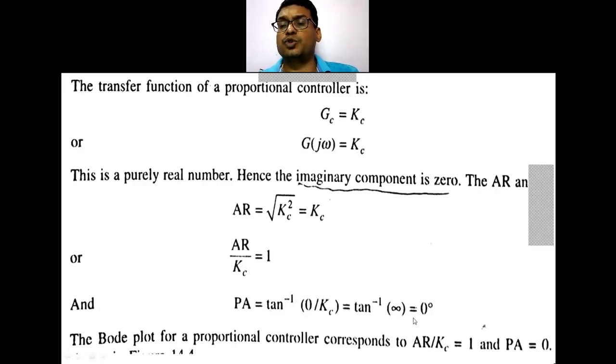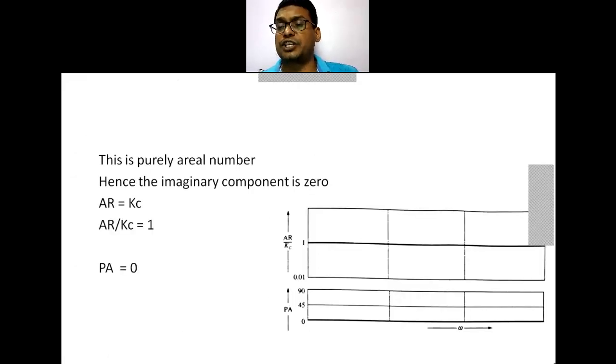That comes to 0 for imaginary part upon real part, and there is no value of omega which is going to vary. So irrespective of the variation of the omega value, the phase angle comes as 0. So it's a straight line for a proportional controller. This is the Bode plot for a proportional controller. It gives you a straight line.